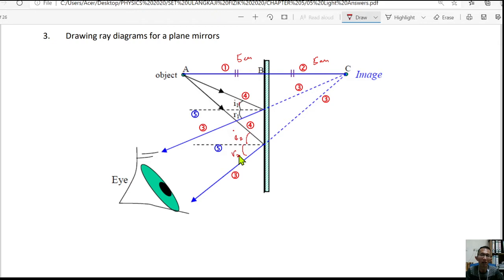Finally, you must draw arrows to denote the direction of light propagation. Light travels from the object to the eyes, not vice versa, unless you are X-Men, then your eyes can emit light. So the light must come from the object and be reflected to our eyes. That's how we draw a ray diagram for a plane mirror.